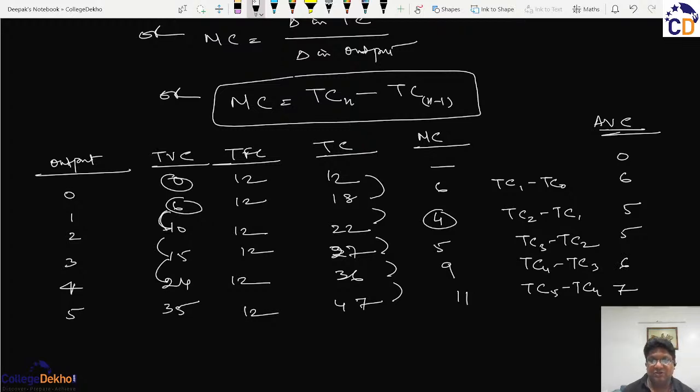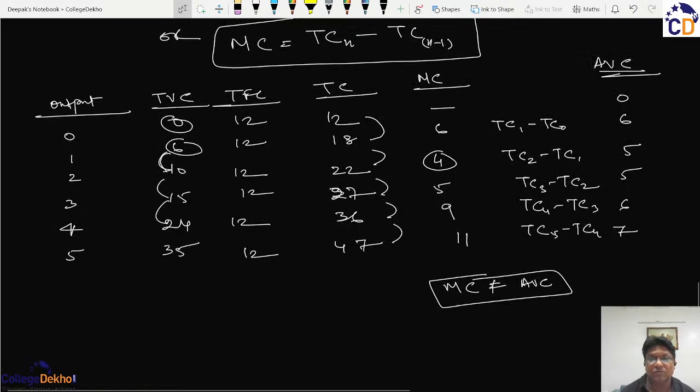So this marginal cost is not equal to average variable cost because marginal cost denotes the increase in the total cost. But if we take that blue data where the total variable cost was increasing in proportion to the output, then you will find that this average variable cost will be same, and in that case the marginal cost will be equal to the average variable cost.